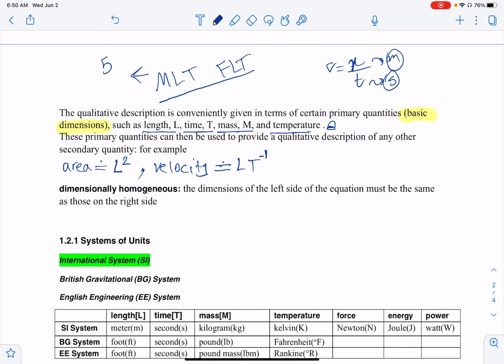But here, this is mass, length, and time, and here, this is force, length, and time. So we can write down velocity as length per time, right?